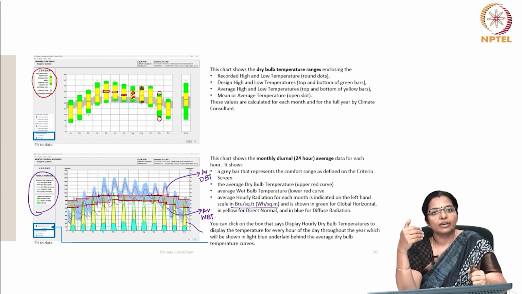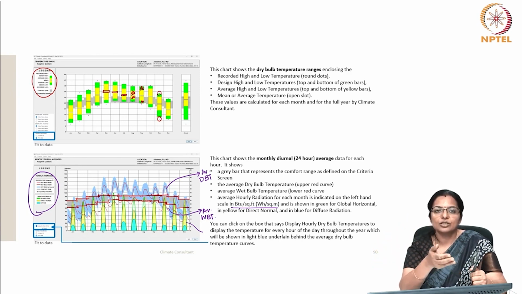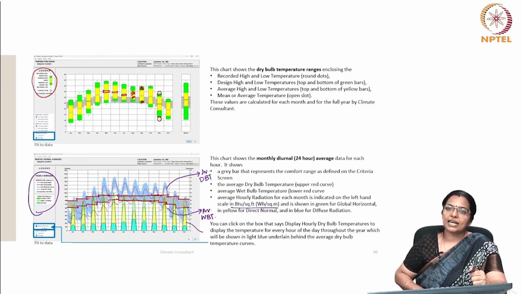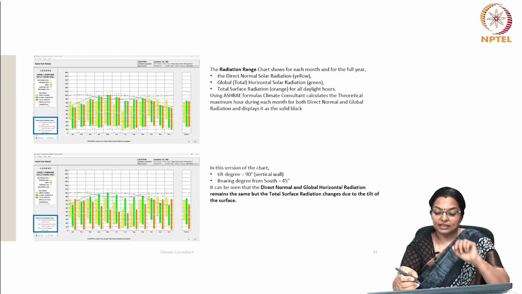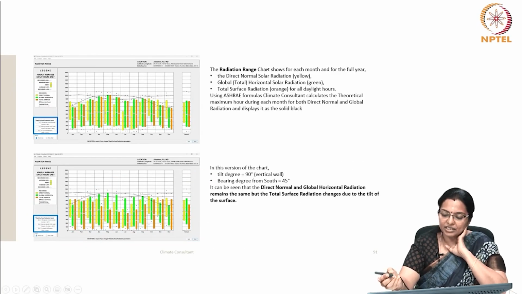All this is very difficult for us to calculate manually. The task becomes very large, but then a graphical representation like this is good enough for us to extract and understand the data. Then comes the radiation range.